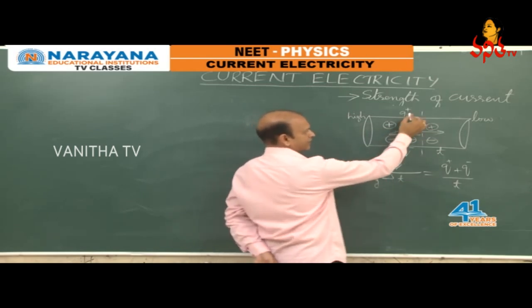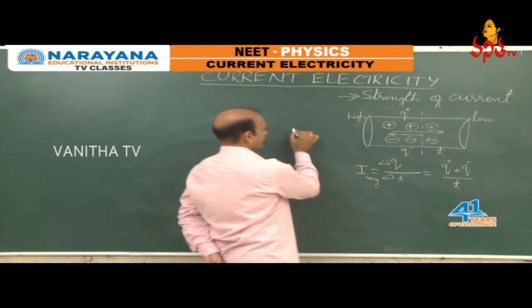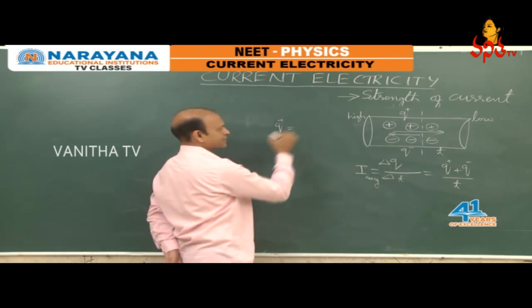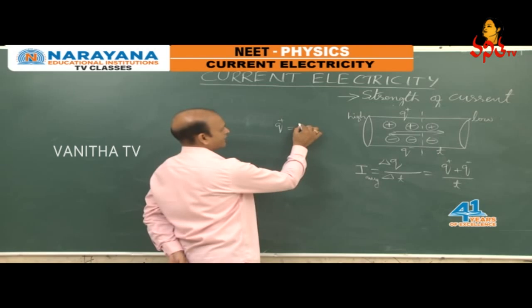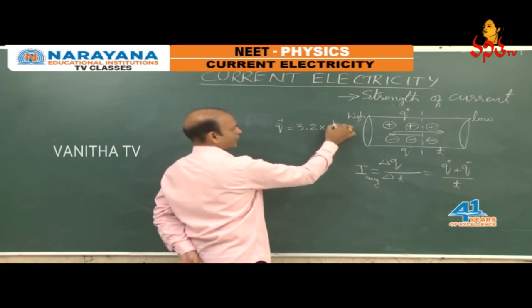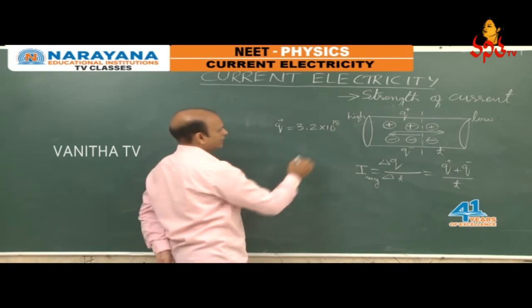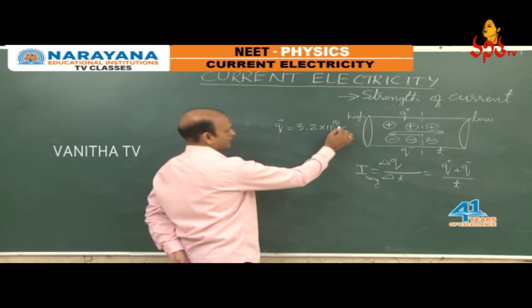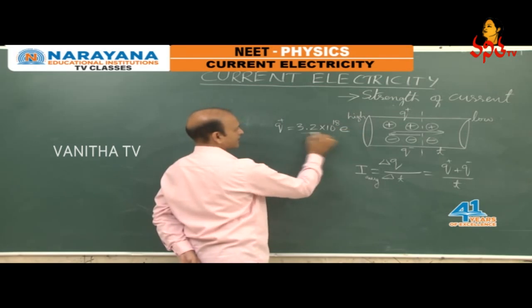When they are passing, the positive ion charge is, say, 3.2 into 10 to the power of 18 times the electron charge, let us say.